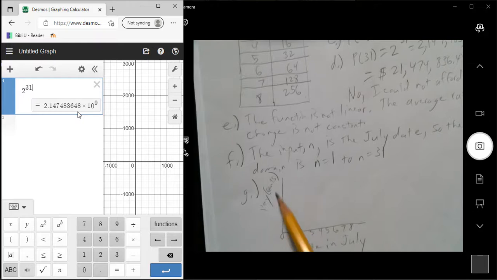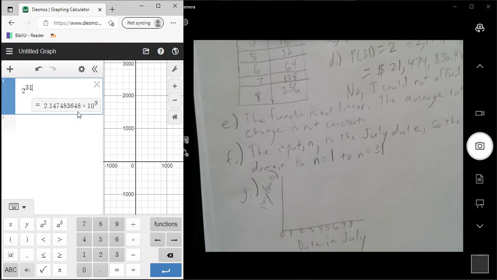So on the side here, we just need to get at least up to about 260, maybe 300. So with that being the case, there are 1, 2, 3, 4, 5, 6, 7, 8, 9, 10. There are 10 tick marks here.